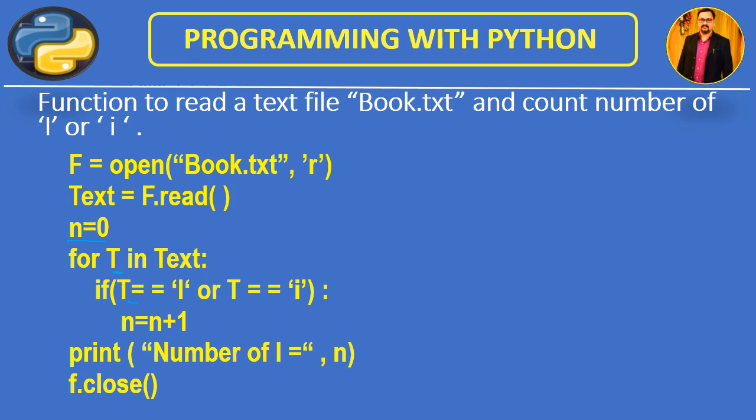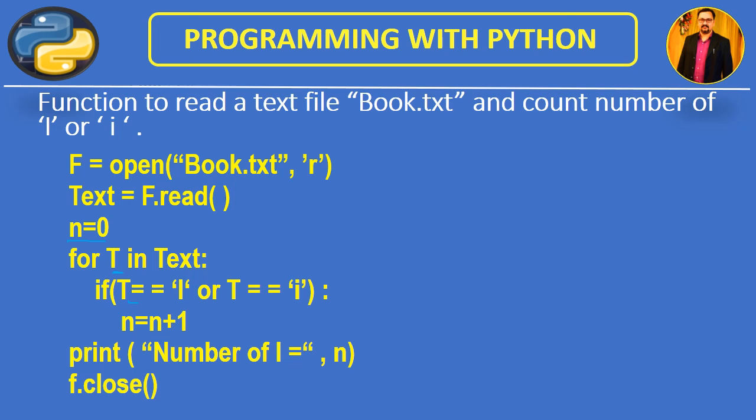Here you have to define the function similarly to the last example. f equals open books.txt in reading mode, and in the text variable I am reading the entire content at once using the read function. Then you take a variable, and one letter at a time from this entire content.